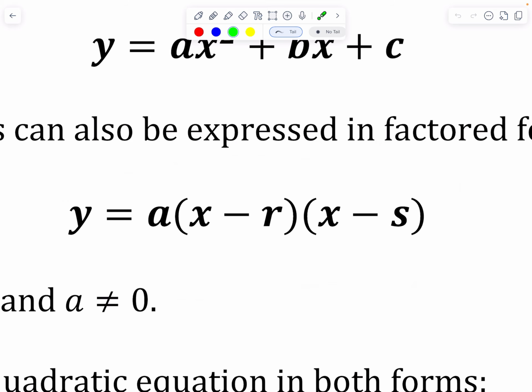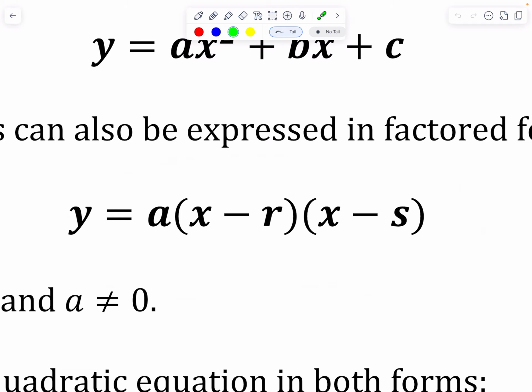Perhaps not necessarily all of them all the time. It does require at least one x-intercept for us to get a factored form. But for the ones we're looking at today, totally doable. You won't necessarily have to be able to do the factoring yourselves, but just recognize that the factored form exists and there's information that we can get from it.